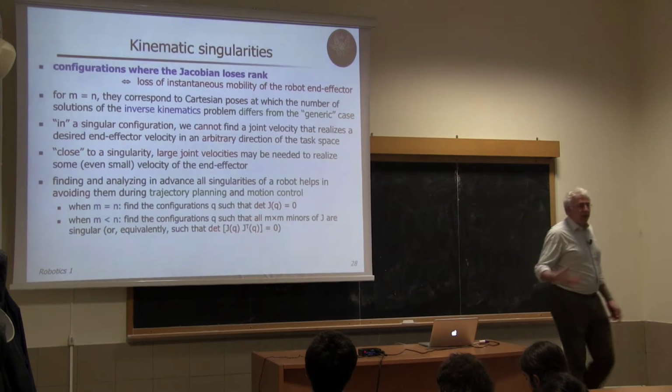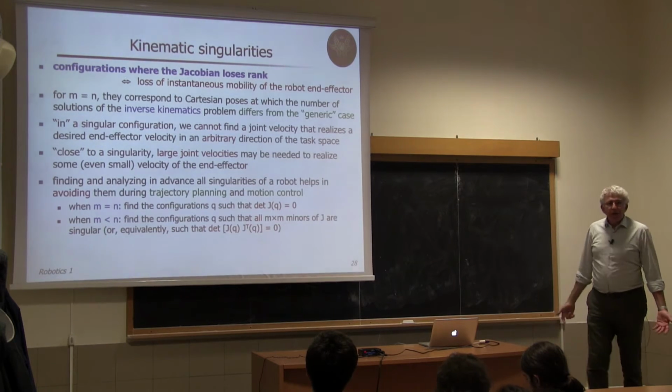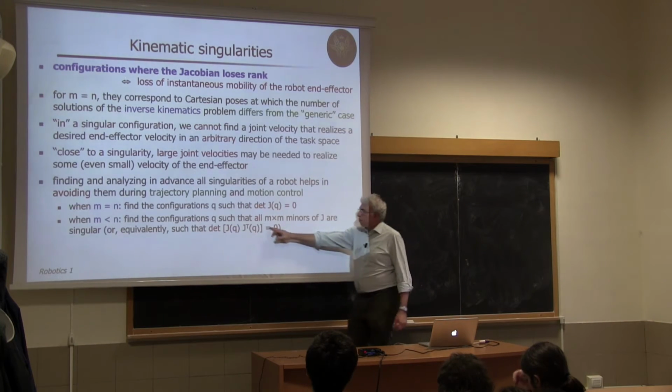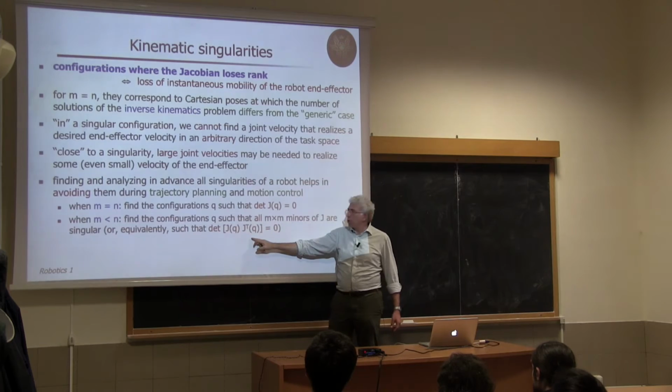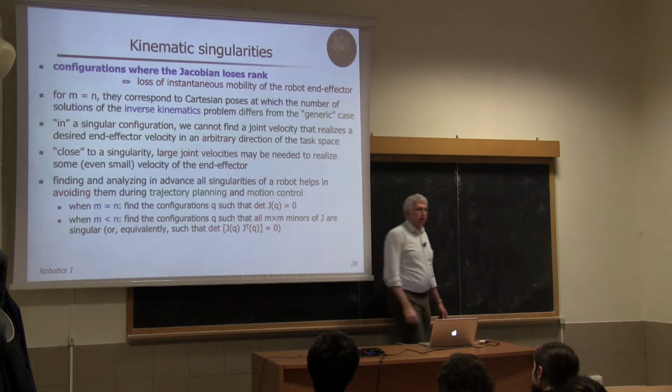Okay, so this is a way of building one equation to solve for Q in a symbolic way. Of course, this is much more complex, the product of J transpose, than extracting from J a number of minors.